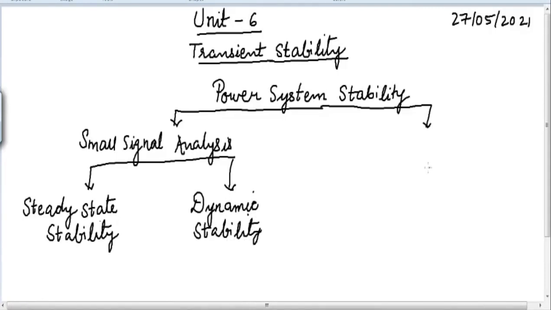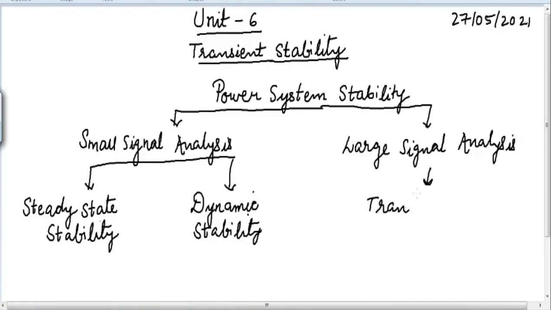And the other part is the large signal analysis. In large signal analysis, we have the transient stability. So this is the broad classification of the power system stability.